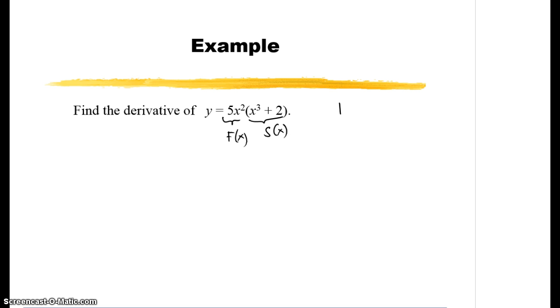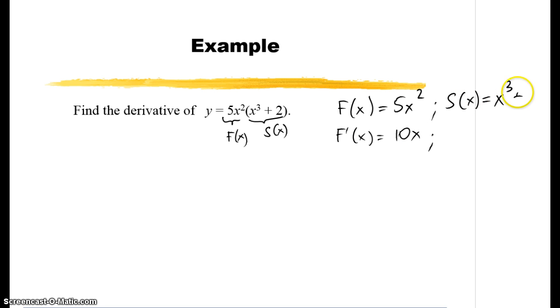What I like to do next is write those out on the side and take their derivatives. So the first function is f of x equals 5x squared. Its derivative is 10x. The second function is the polynomial x cubed plus 2. Its derivative is 3x squared.